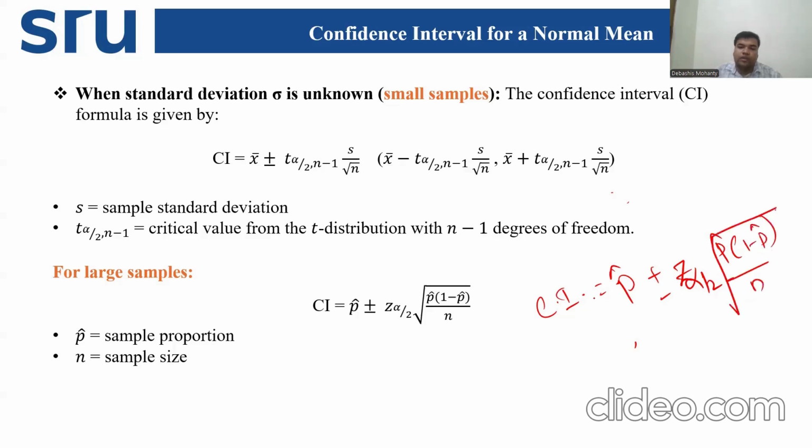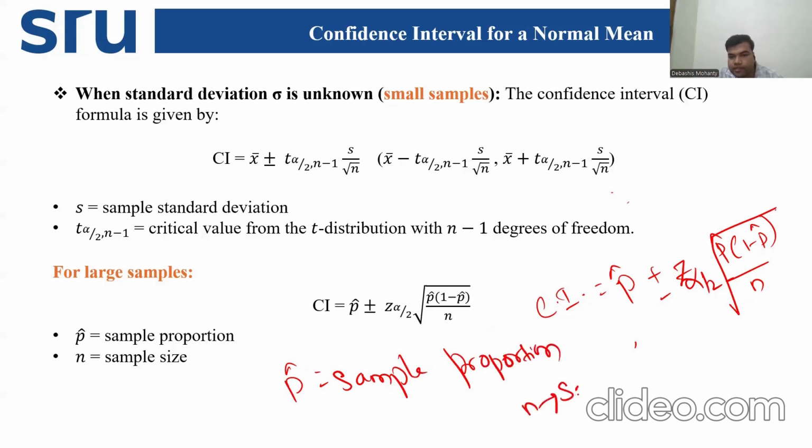So here p cap is the sample proportion and n is the sample size. Okay, students, so this is the formula for the large sample. If the sample size is large, we can calculate the confidence interval by applying this formula.